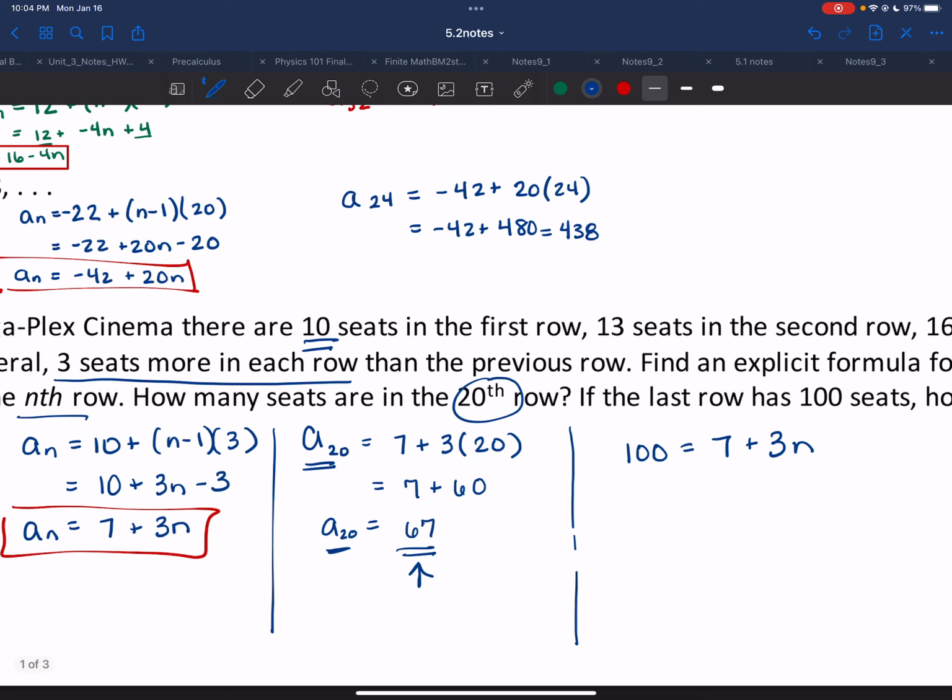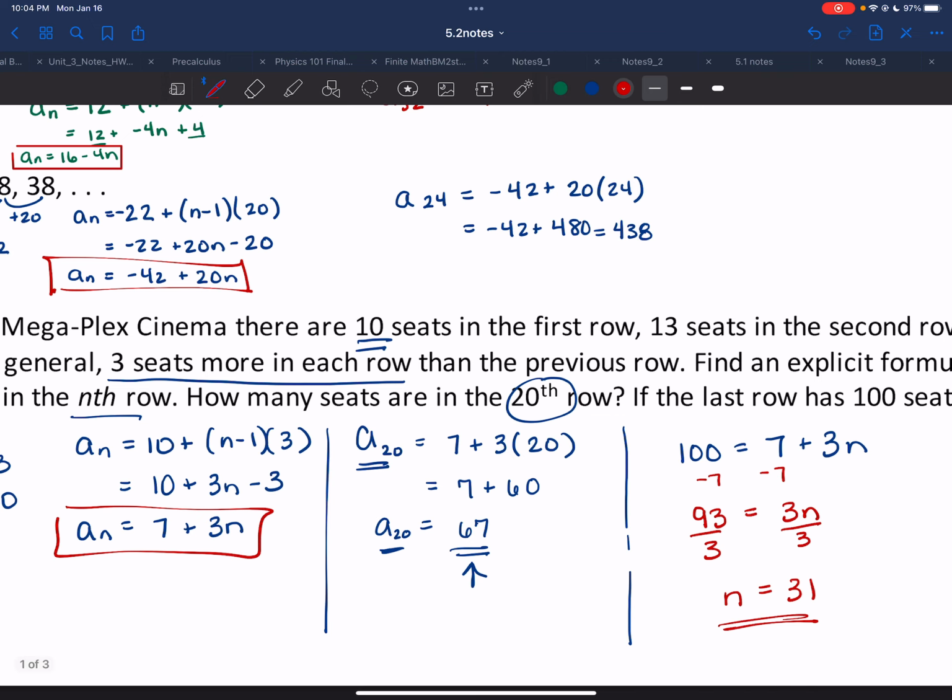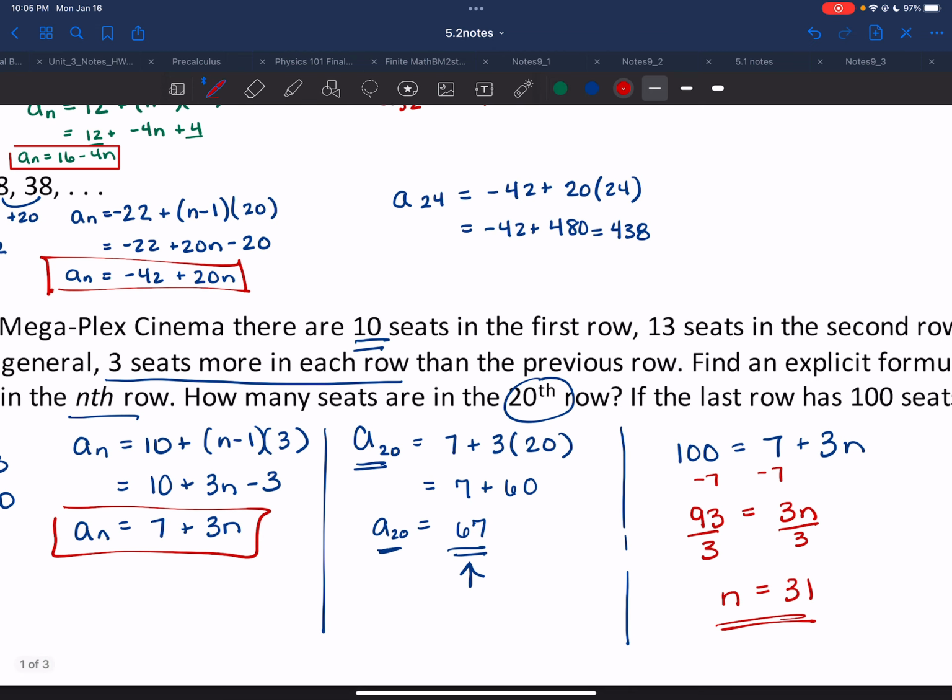So I'm going to subtract 7 from both sides. So minus 7 and minus 7. So I should get 93 equals 3n. And then divide both of those by 3. And I get n equals 31. So 31 rows is what I get if I end up with 100 seats in the last row.